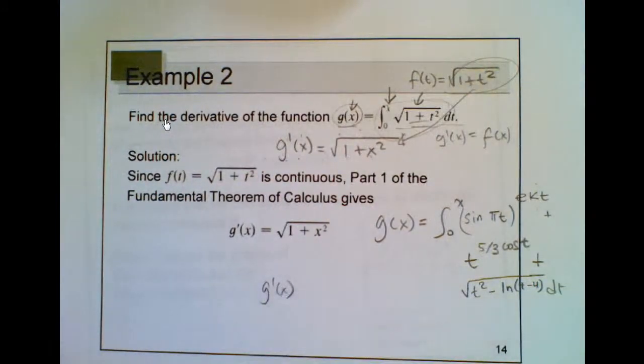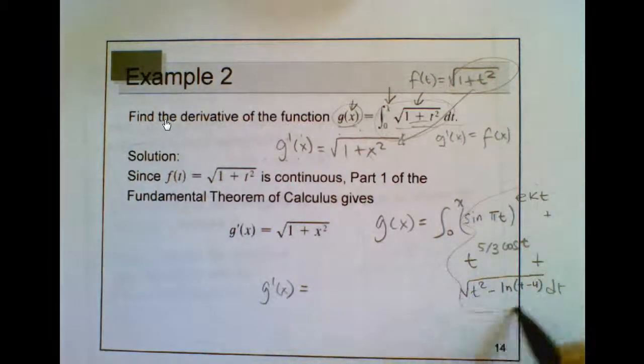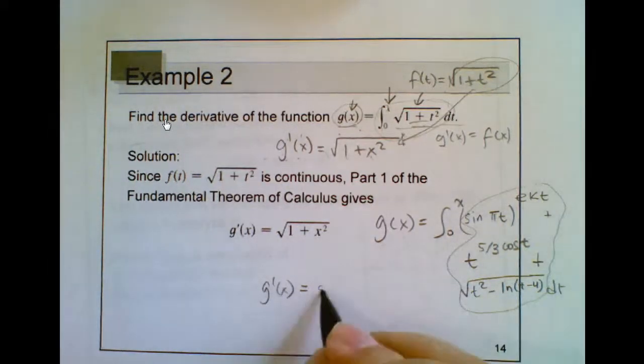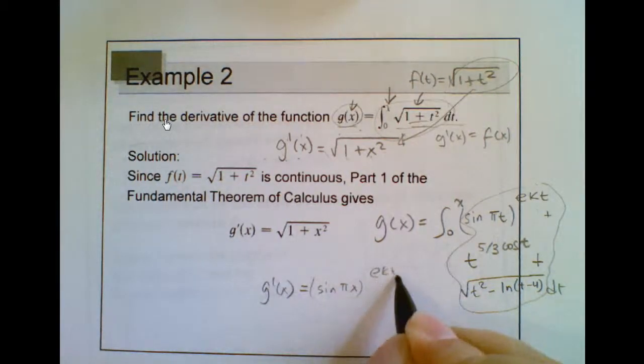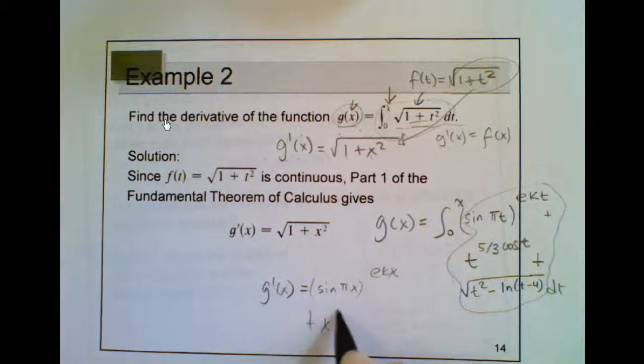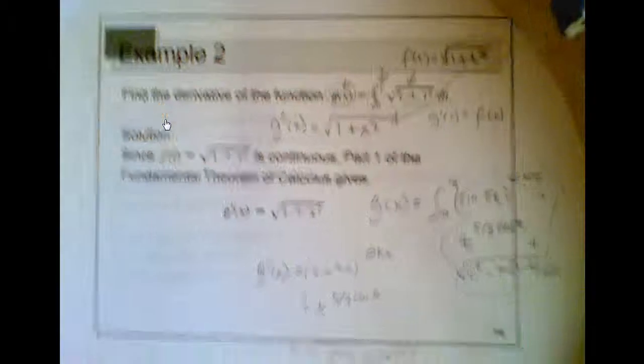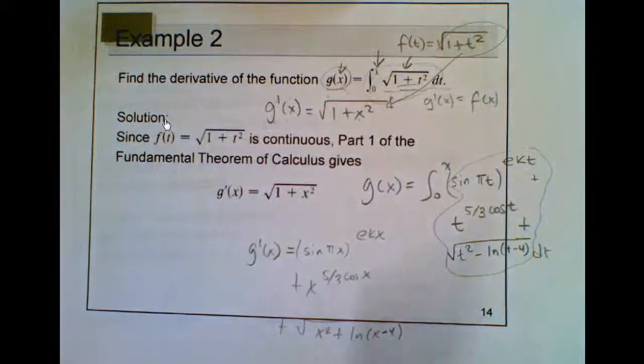Do you know what that's going to be? That's going to be simply this entire function in terms of x. So it would be sine of pi x to the e k x plus x to the 5/3 cosine of x plus the square root of x squared plus natural log of x minus 4. Ta-da! That's it. This is a very hard concept to understand, but in terms of computation, it is very simple.